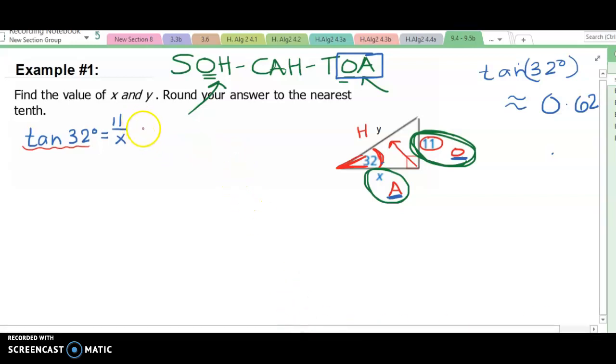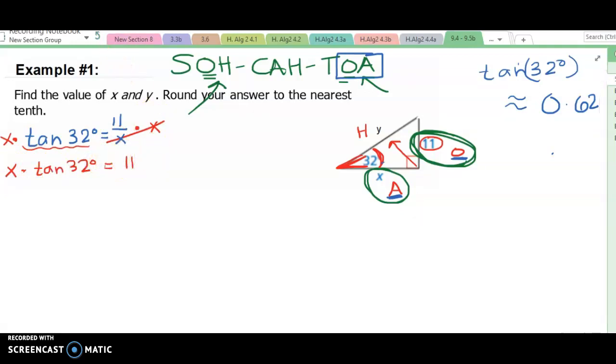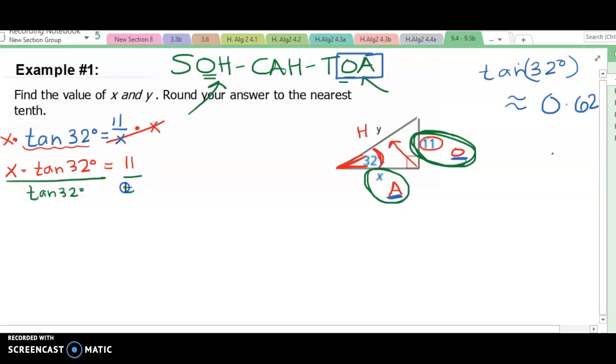So to get x by itself, the first thing I want to do is get rid of the fraction. If I multiply both sides by x, those go away. I have x times tangent 32 equals 11. Now to get x by itself, I can divide both sides by tangent 32 degrees. Those cross out, so I get x equals 11 over tangent 32.